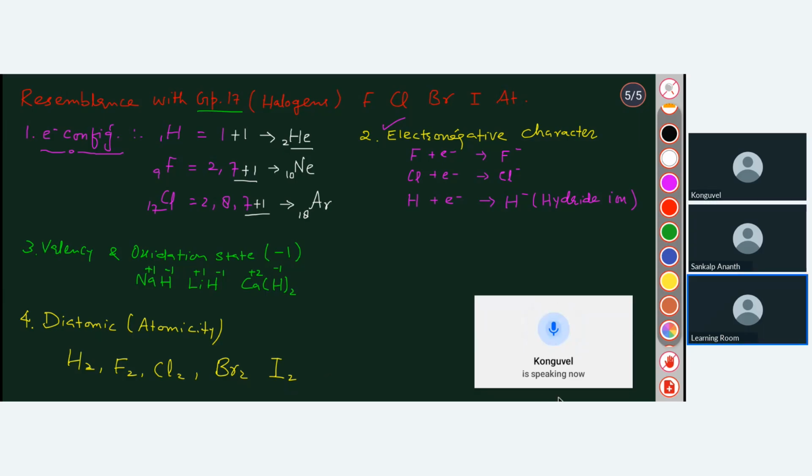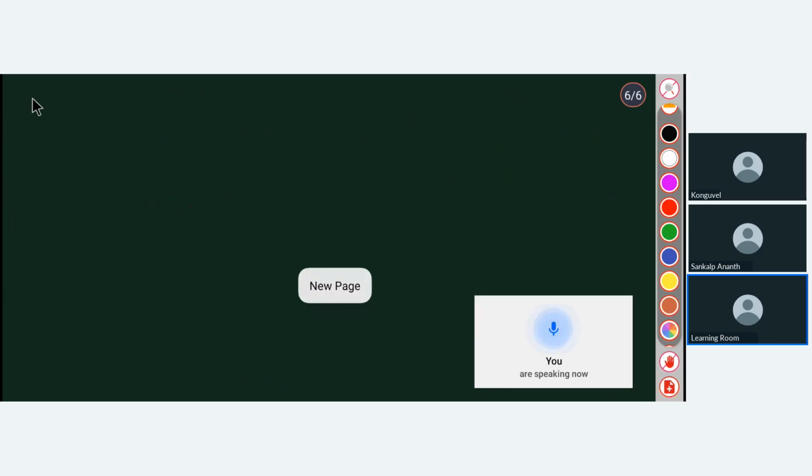Okay, so now let's see the next one. The next resemblance is the non-metallic nature. What is hydrogen? Is it a metal or non-metal? It's a non-metal.